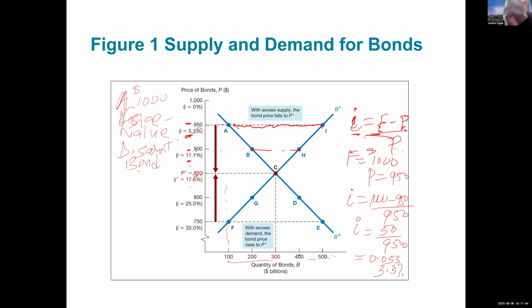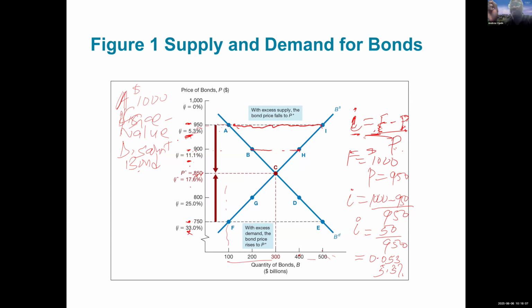And then again, consider any price below equilibrium, such as 750. The price for the bond is low here, and that corresponds to a higher interest rate. So when the price is 750, if you plug that price into this formula, 750, face value is 1,000, the interest rate you're going to get is 33%. Very high interest rate.